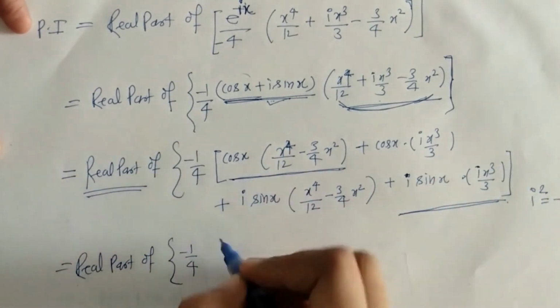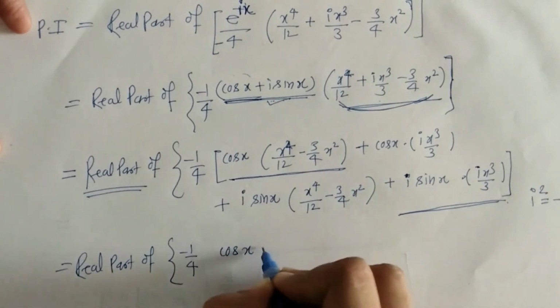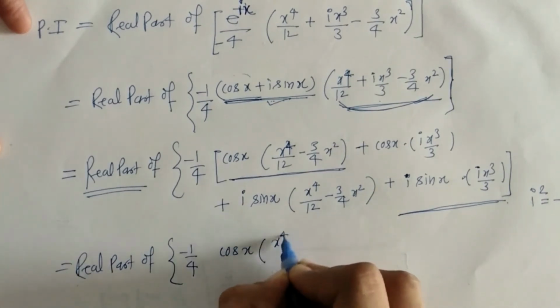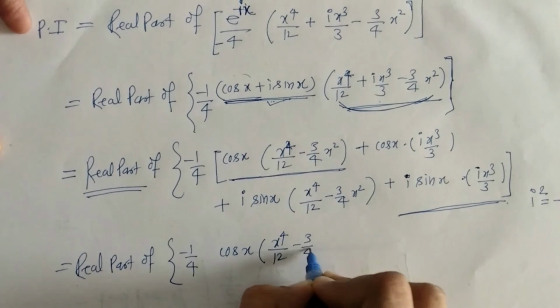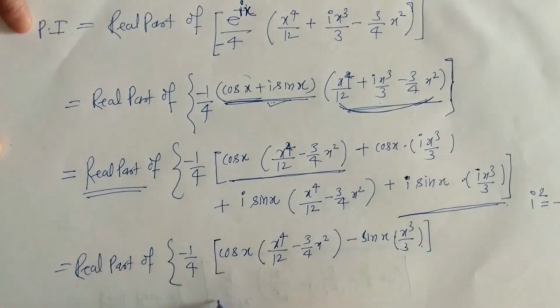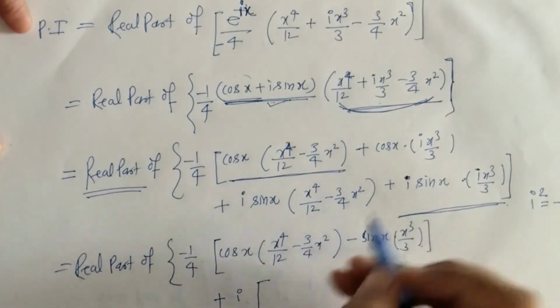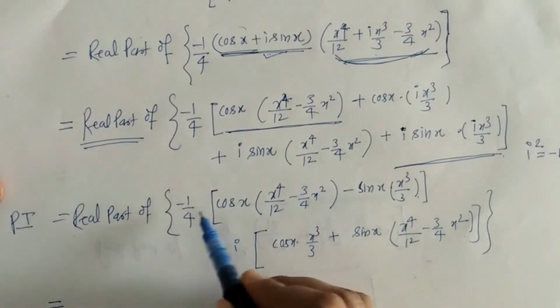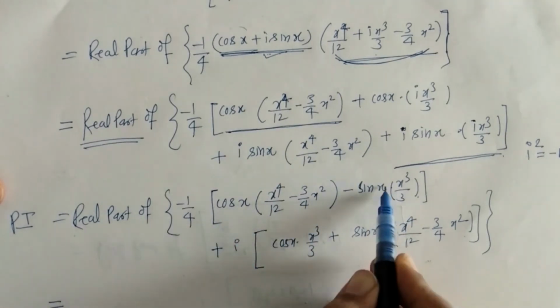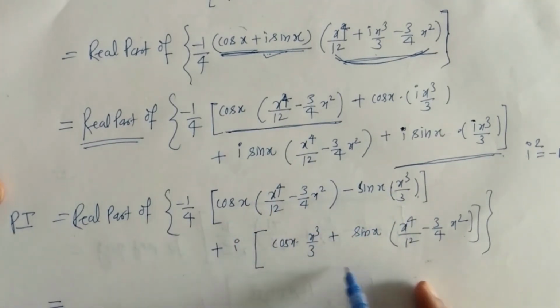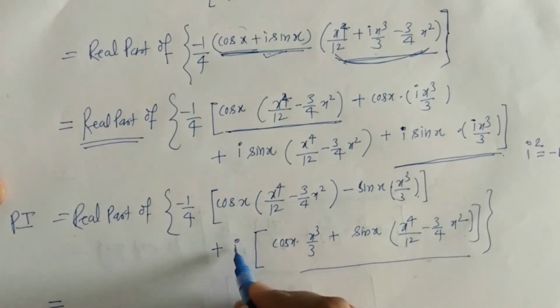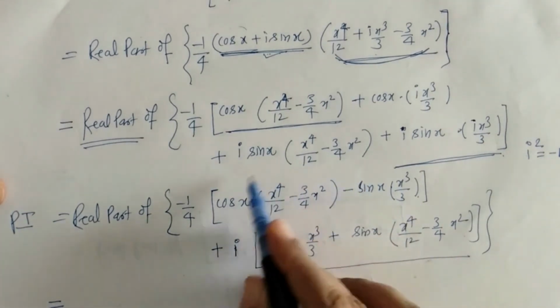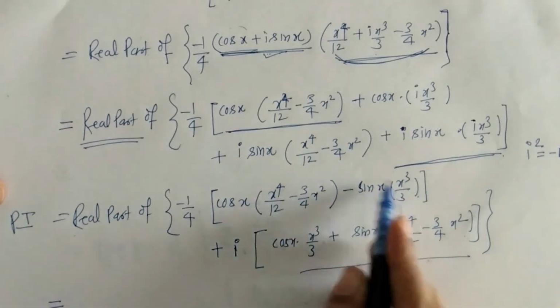So we will collect these terms and write them closer to each other, and the term which contains I. So here we have found the term which is free from I, and this is with I, right? So this is the term which is free from I.